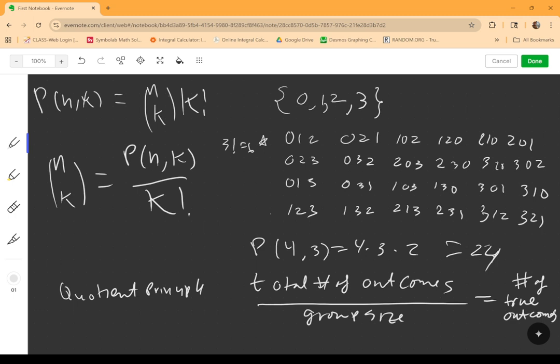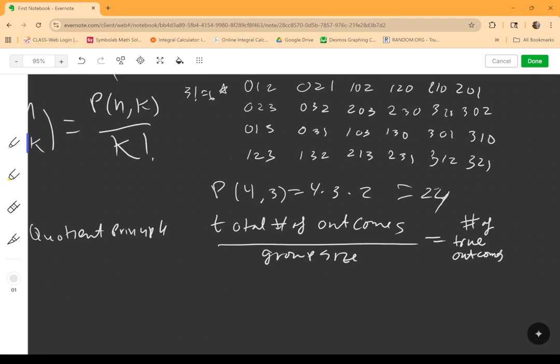So here, the total number of outcomes is 24. The size of the group is 6. And that is equal to 4, right?